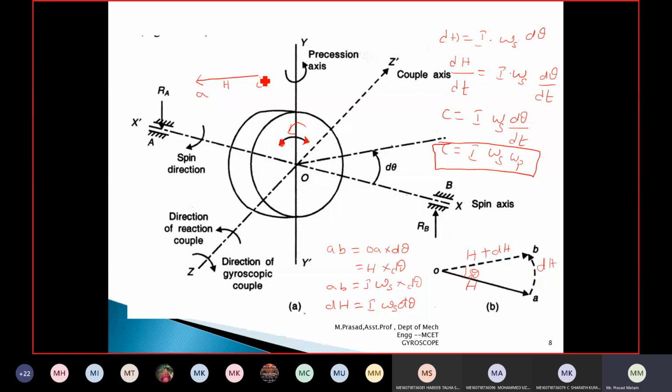From here, it tries to move by an angle d theta to the new position AB. dh is the change in angular momentum, and the new angular momentum is h plus dh. If the disk rotates in anti-clockwise direction, this is the mirror image of the other one. You can see here, this one is moving in the forward path.